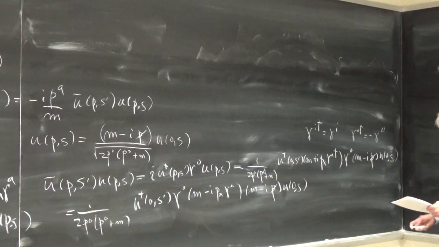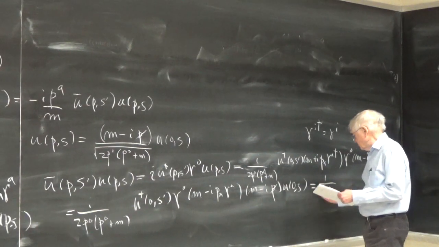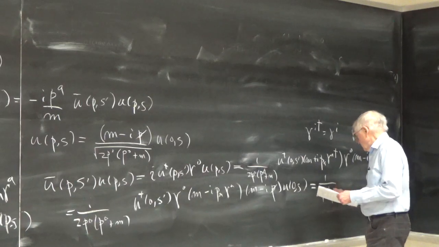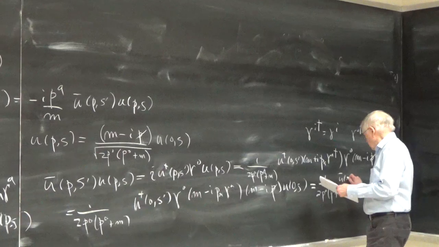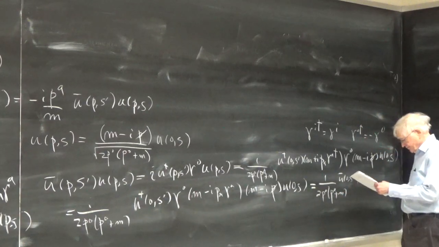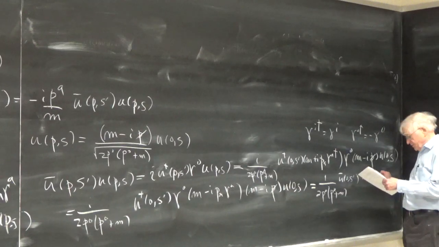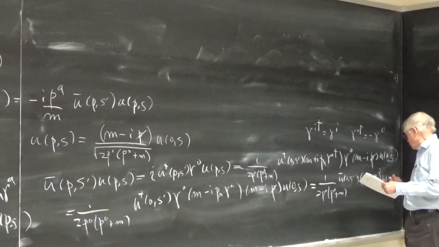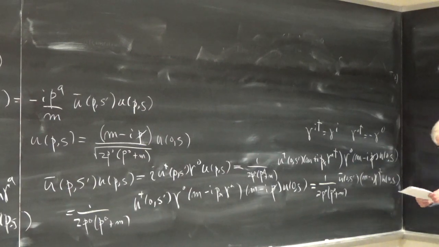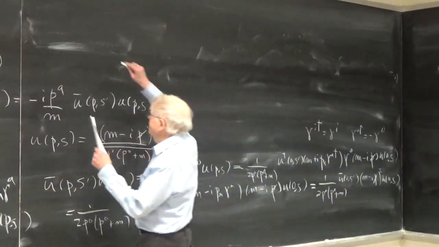And so effectively this is now a little bit simpler. It's 1 over 2P0, P0 plus M, U bar of 0 S prime, M minus I, P slash, squared, U of 0 and S. And so this is a lot of gamma algebra here.